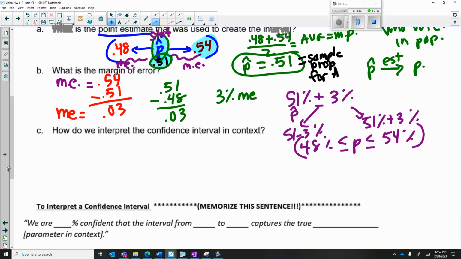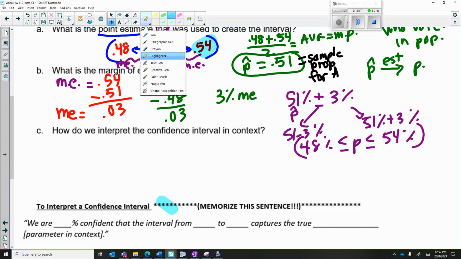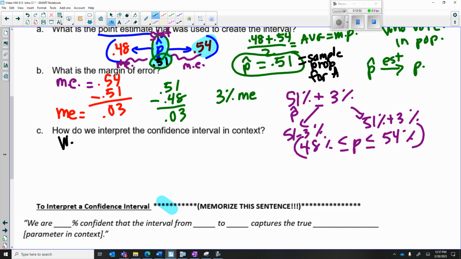So the last thing to note today is we need to memorize this sentence, okay? I'm going to highlight it here. It says, we are blank percent confident that the interval from blank to blank captures the true blank, okay? So we're going to insert in the blanks the key information. So I'm going to say we are, how confident? Well, it said it was a 95% confidence interval, and I'll explain more about what that means tomorrow.